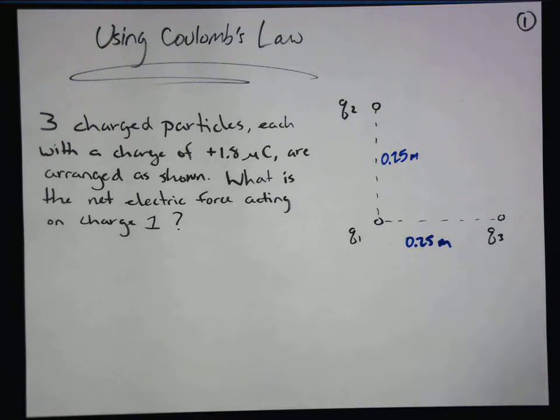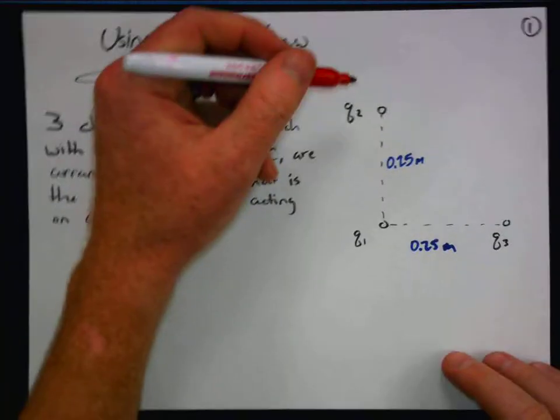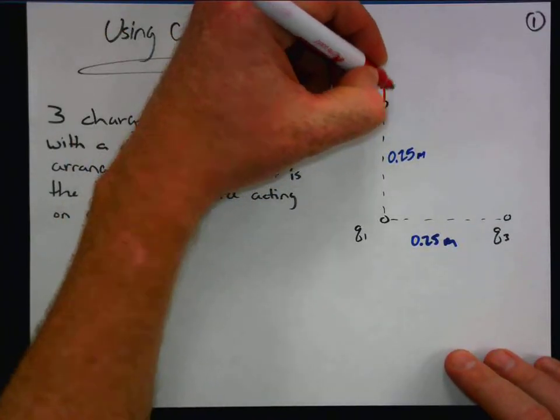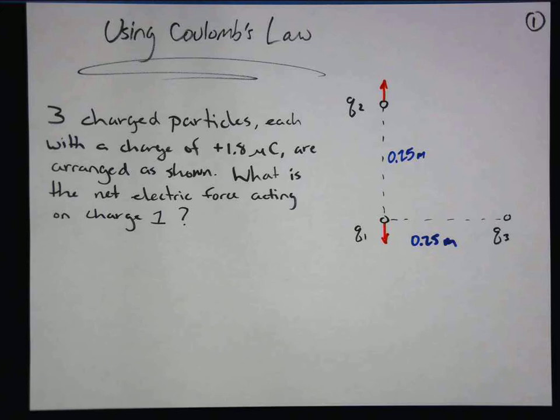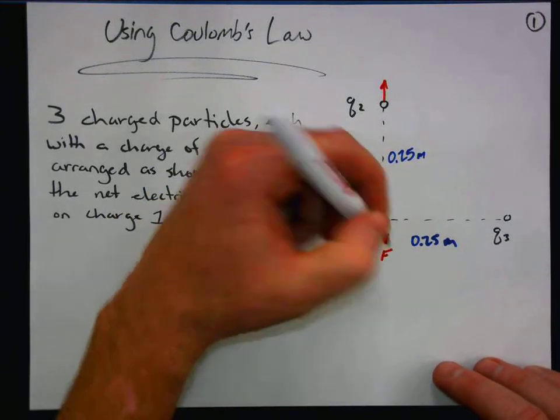So we want to realize, first of all, the charges have the same amount of charge, all the same type of charge. And so all being positive, what we can definitely say is, well, charge 1 and 2 will be repelling each other. So the force between these guys will work this way. And this is the force of charge 2 on charge 1.